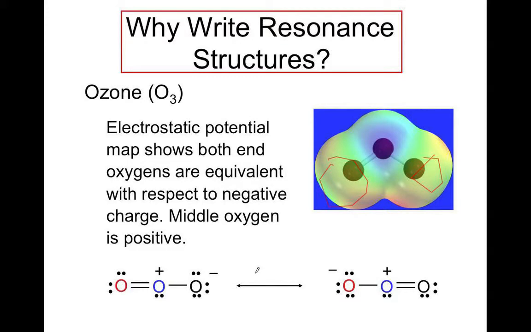We indicate the relationship between the 2 contributors by linking them with the double-headed arrow. Note that this is not an equilibrium arrow. It tells the reader that these 2 drawings are just different pictures of the same resonance hybrid. On the left, the resonance contributor is shown to bear the negative charge on the oxygen on the right, drawn in black. And on the right, the resonance contributor shows the negative charge on the oxygen on the left, drawn in red.